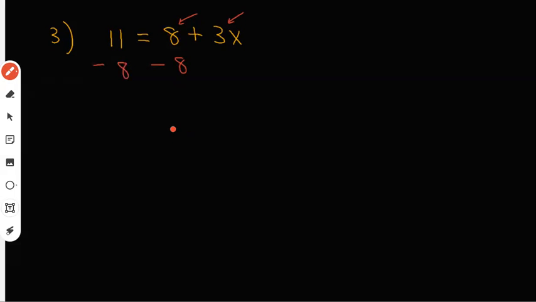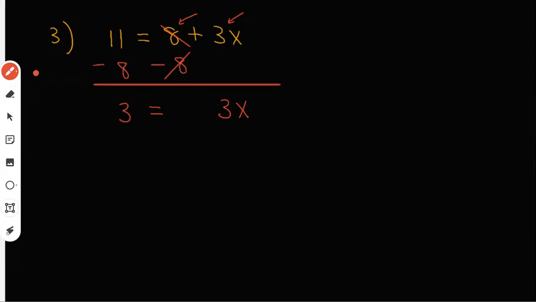Since the 8 is already positive, I need to subtract 8 from both sides. So when I do that, the 8s are going to cancel out on this side, and I'm only left with a 3x. On the other side, I have 11 minus 8. That's going to give me 3.